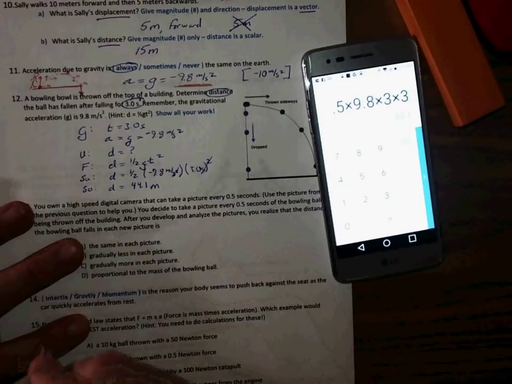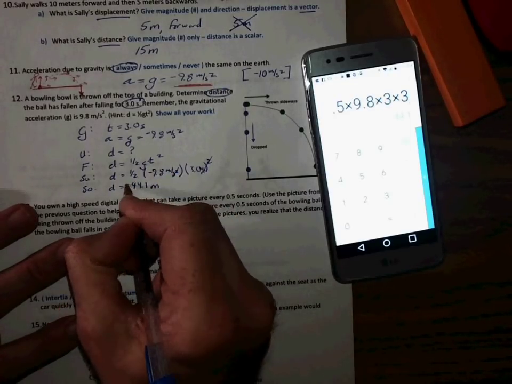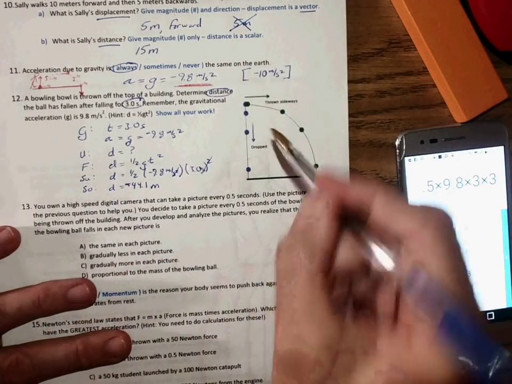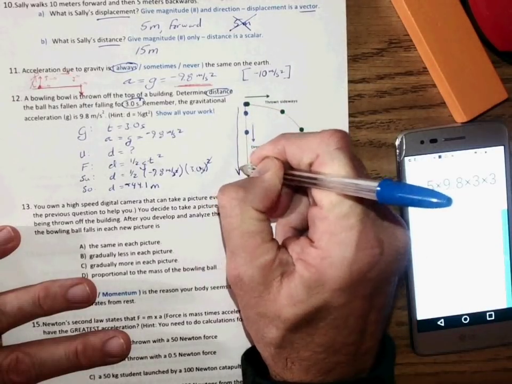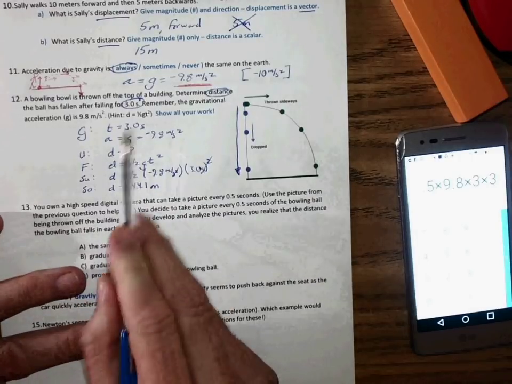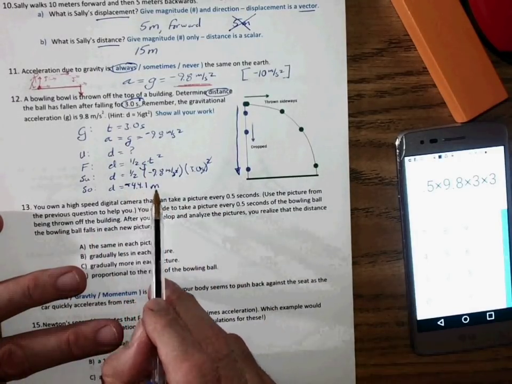It should be no surprise, right? 44.1 meters. Now, there was a negative, and we should include that. It fell down. It didn't fall up. So, of course, if that number were positive in some other calculation, it would be up in the air somewhere. So, negative 44.1.